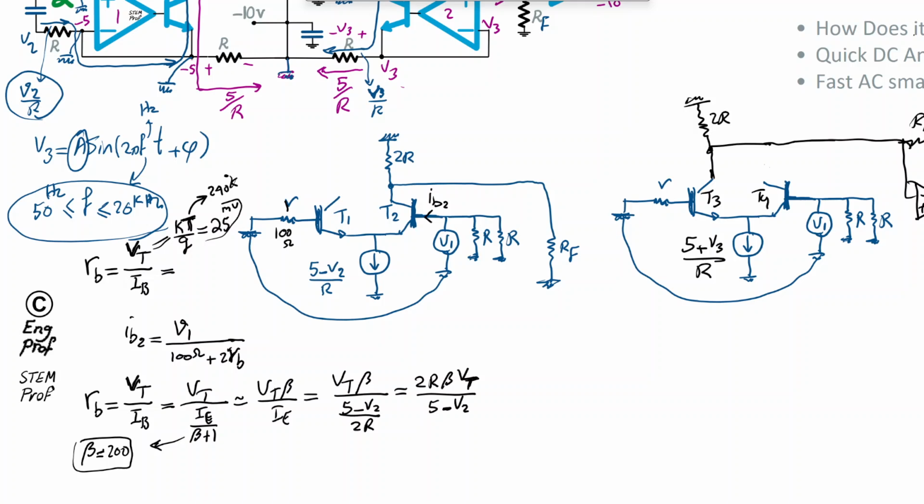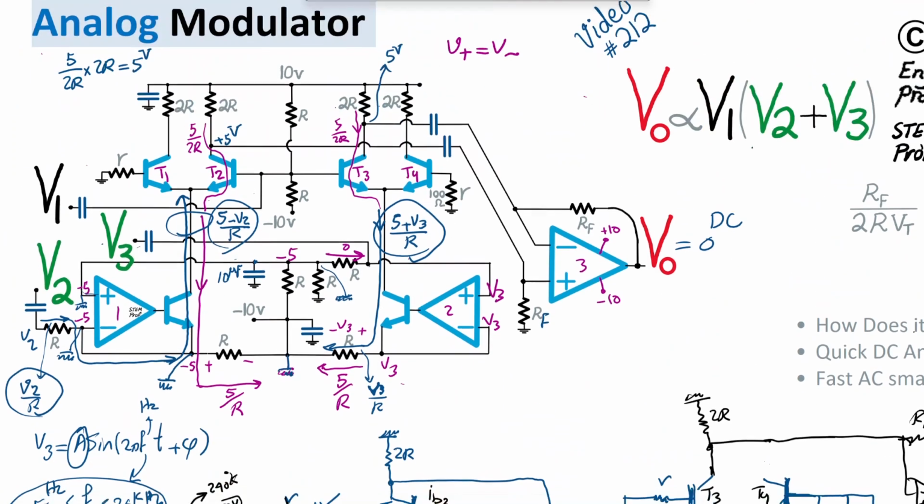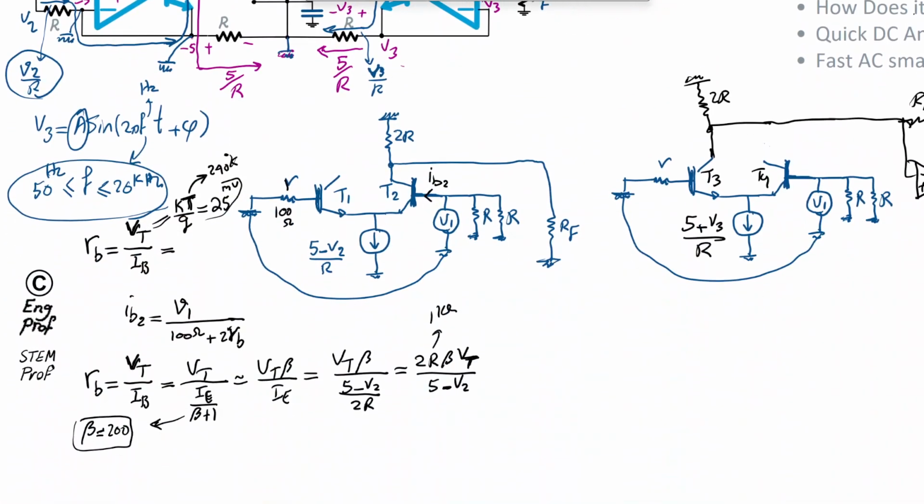Now, just to give you a sense, assume that R is 1 kilo ohm, a nominal value for this resistor R that is spread throughout this circuit as a default core resistor. As you can see, it's repeated many times. And then beta, let's say 200, VT is 25 millivolt, and V2 is negligible because it's a small signal compared to 5.